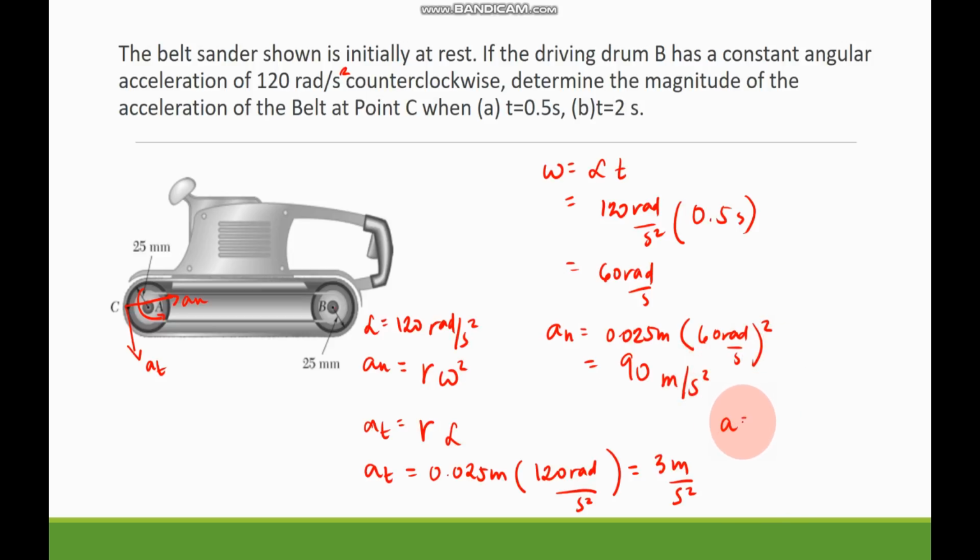Therefore, our acceleration is equal to the square root of the tangential component squared plus the normal component squared. So it is equal to the square root of 3 squared plus 90 squared. So the acceleration is equal to 90.05 meter per second squared. Therefore, this is the magnitude of the acceleration at 0.5 seconds.